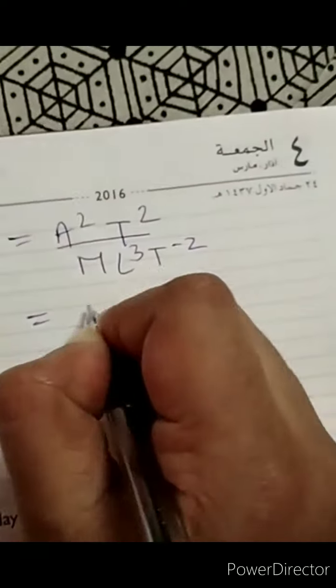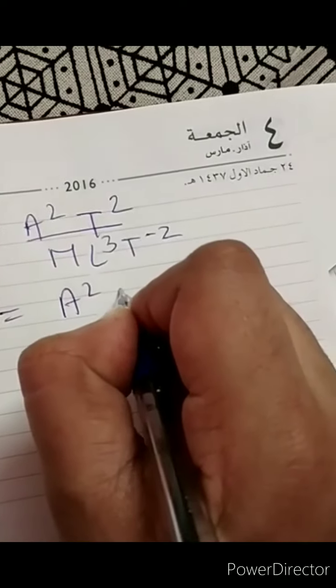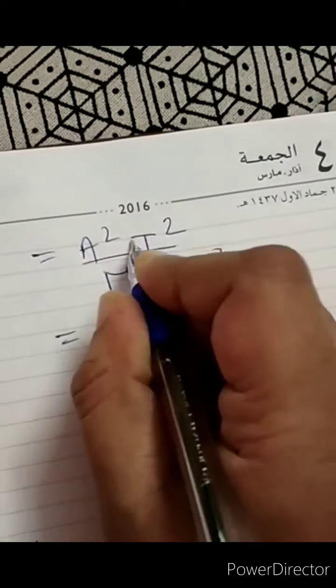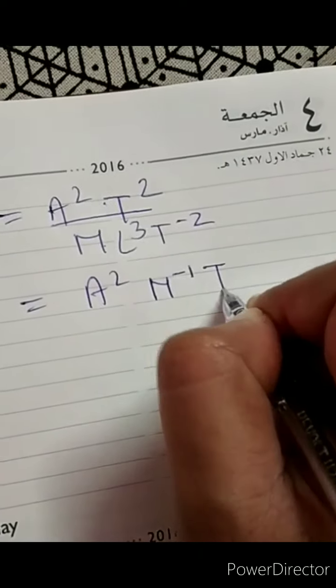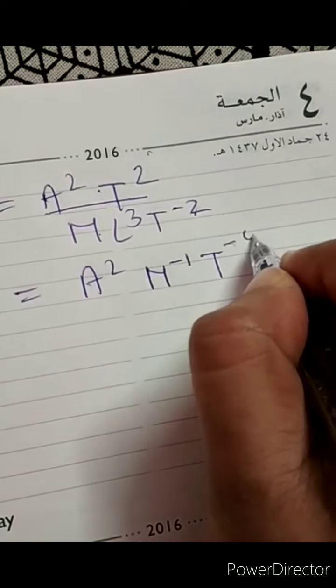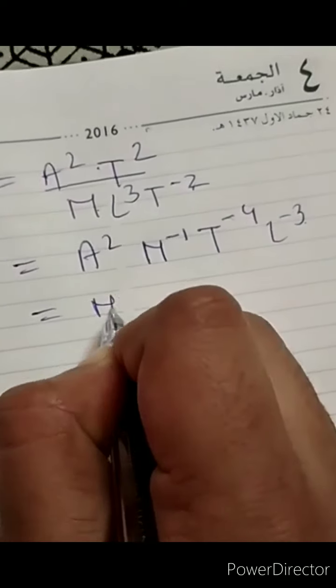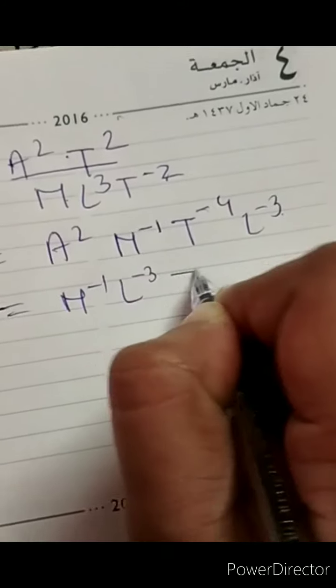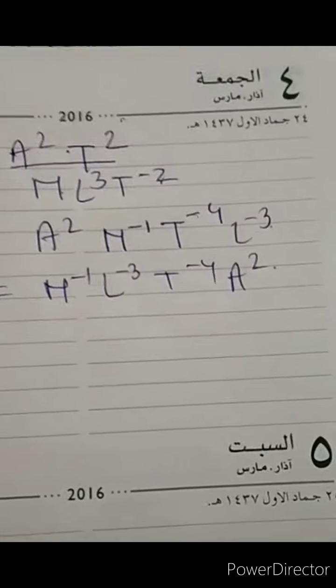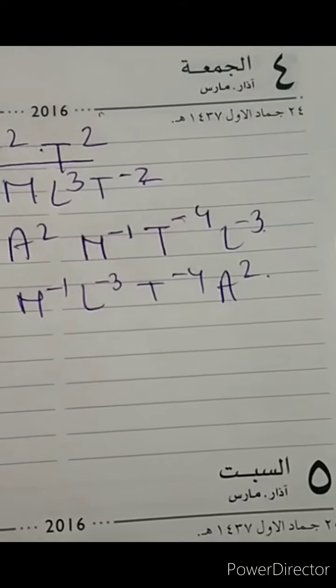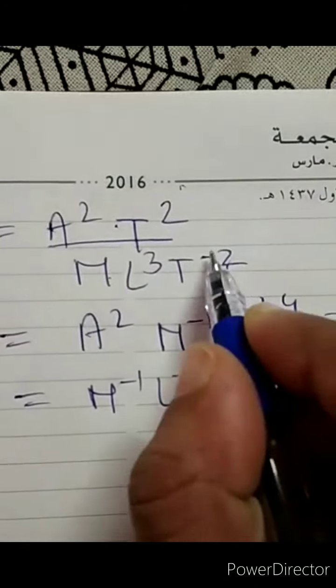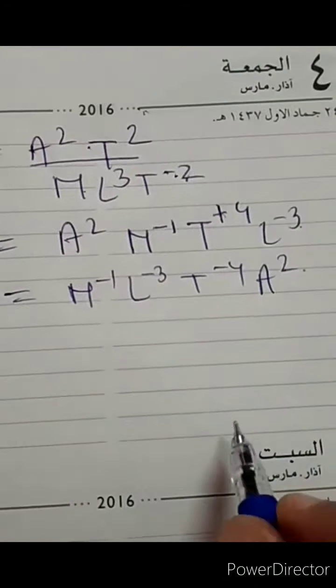A square, M to the power minus 1 when M goes to the numerator, T to the power minus 4. Arrange it properly, starting with M. It is not minus 4, it is plus 4, because minus 2 when it goes up becomes plus 4.